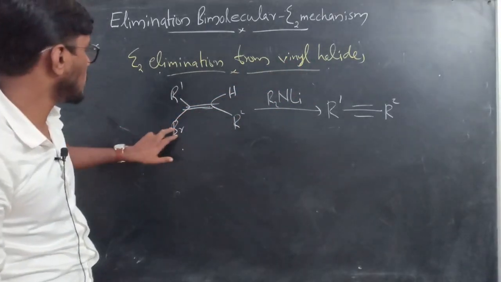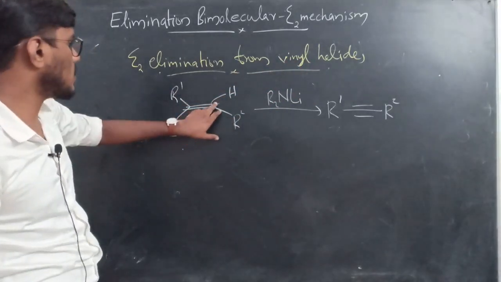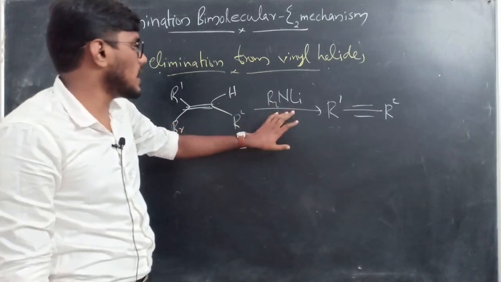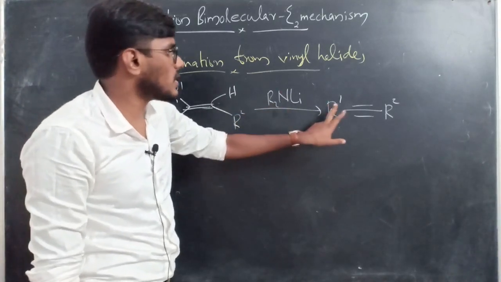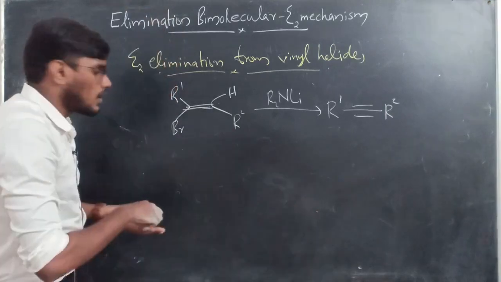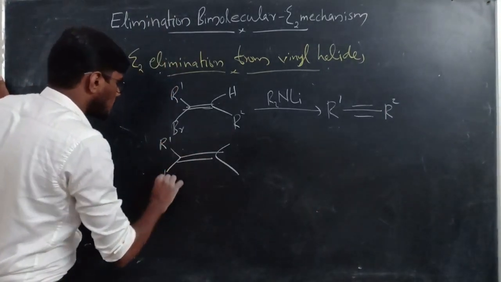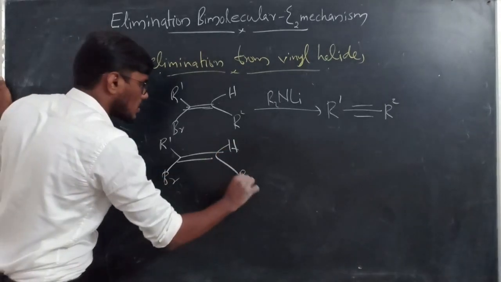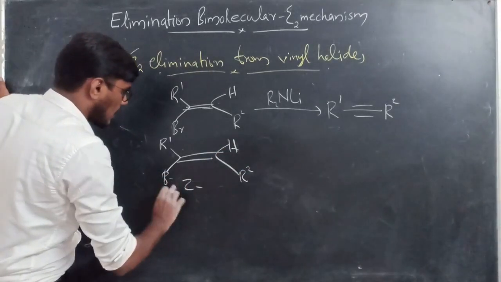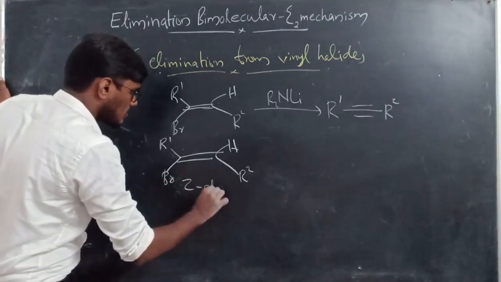This is a vinyl halide, so bromine is here, and the double bond is here. On reaction with LDA, this gives the alkyne as the product. And if this compound is R1, Br, H, R2, this is the Z alkene.